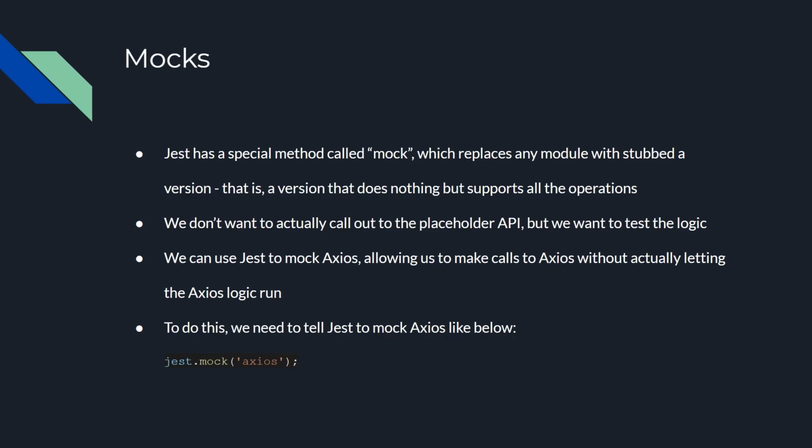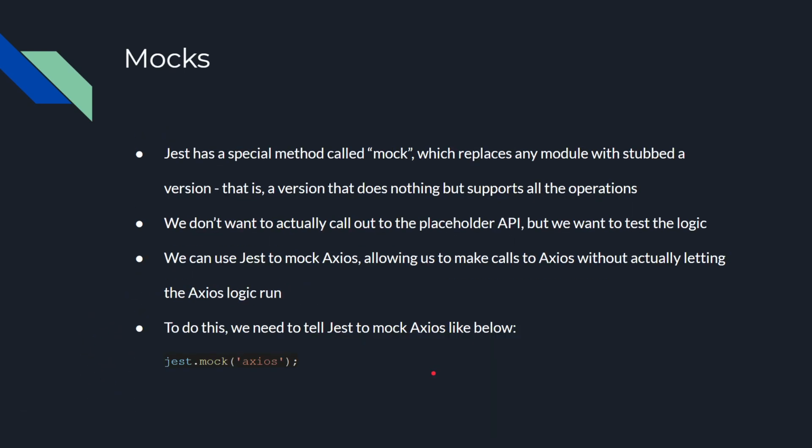Because in a unit test, we don't actually want to call out to the API. We just want to test the logic. So what we can do is, instead of actually using the Axios module to call out to our placeholder API, we can just mock Axios. And then when we call Axios in our code, it won't actually call Axios.